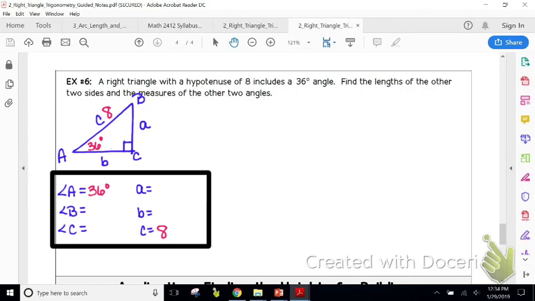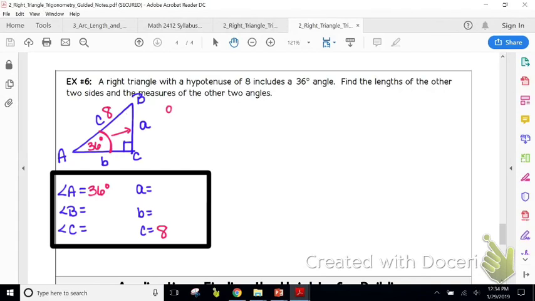Now look at what they gave me. Using this angle that they gave me, the 8, which side is that? Is that my opposite, adjacent, or hypotenuse? That's my hypotenuse. So I know the hypotenuse, and if I'm after side a, what side is that? Opposite.